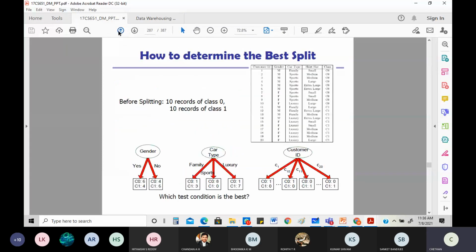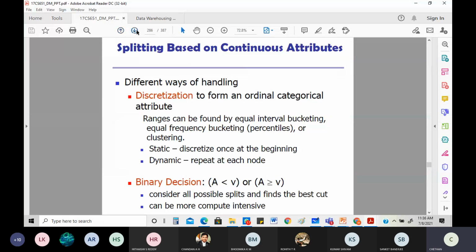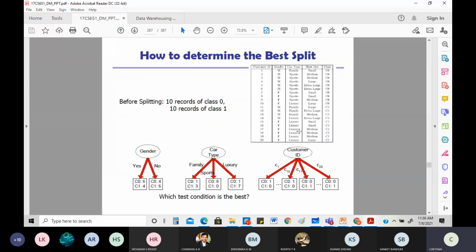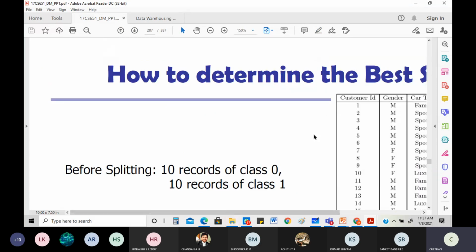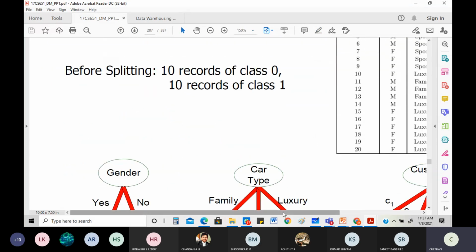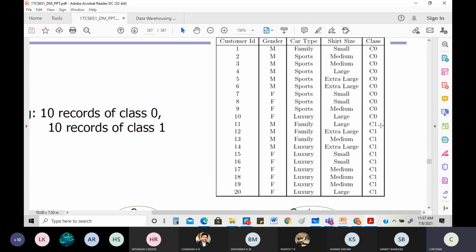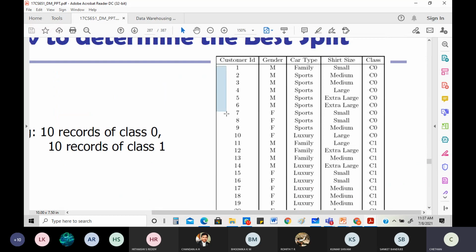Before that, you can see very clearly how you can figure out various aspects of it. I'll give this example. Initially we are considering 10 values. In these 10 values, we have 10 records of class 0 and 10 records of class 1.